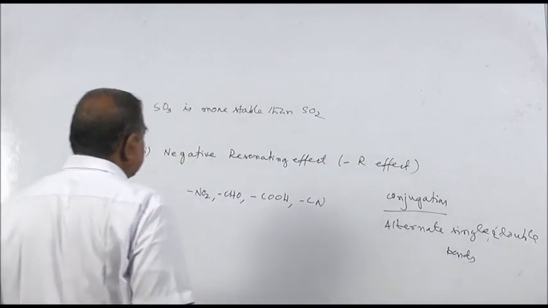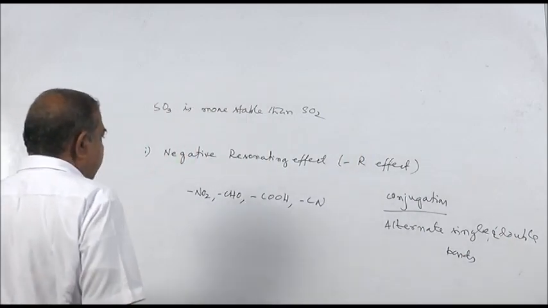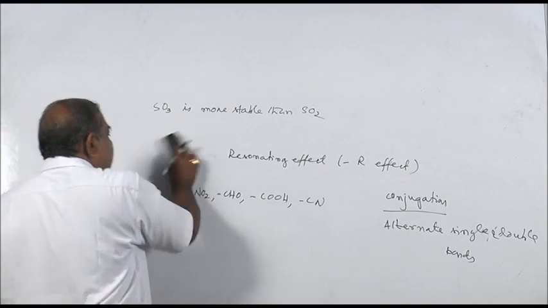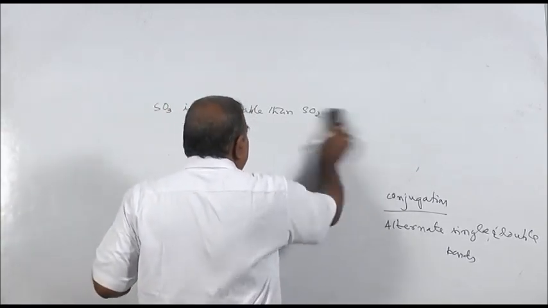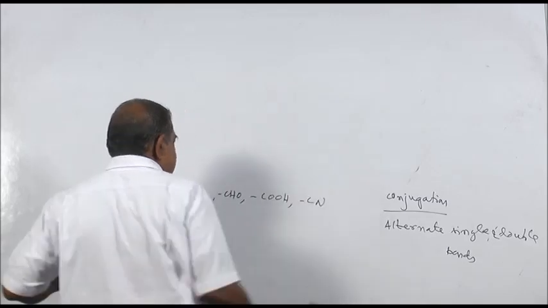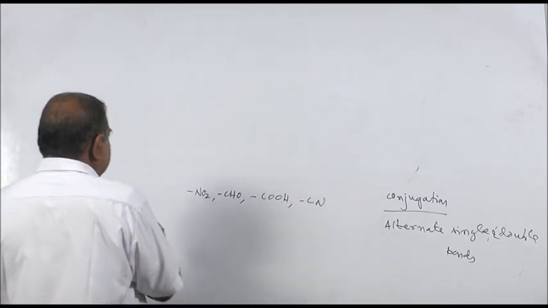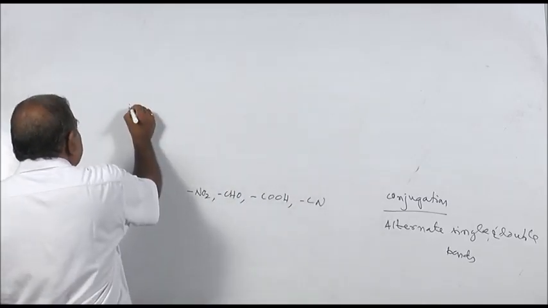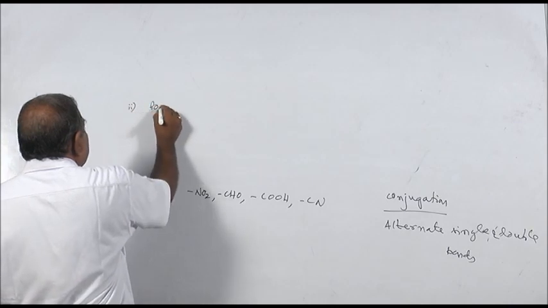So these groups, when conjugated with say benzene or some unsaturated system, are capable of withdrawing electron from the unsaturated system, are said to possess negative resonating effect.